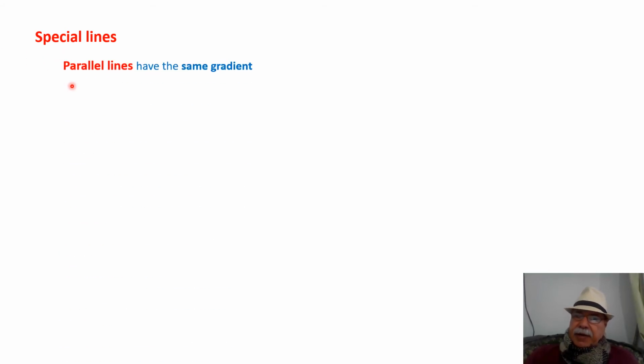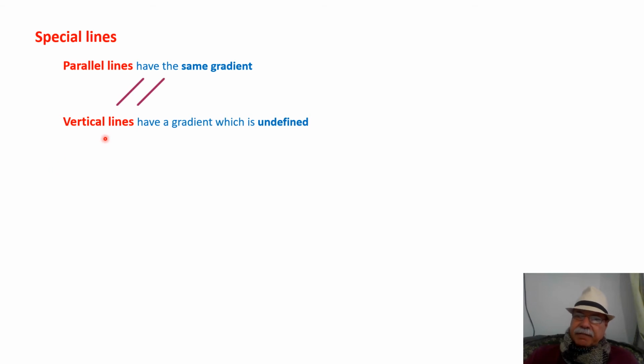Parallel lines have the same gradient. Parallel lines are lines that have the same gradient, and they look like this. This is called a parallel line. This is the same gradient.